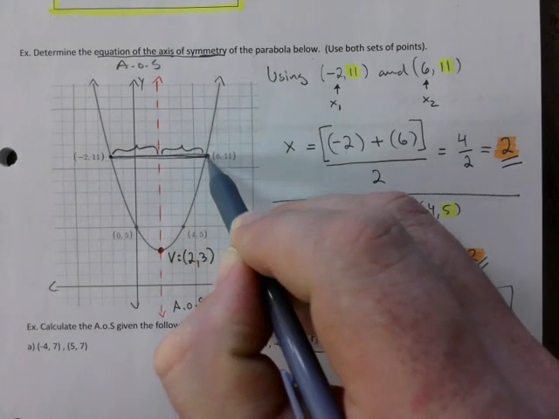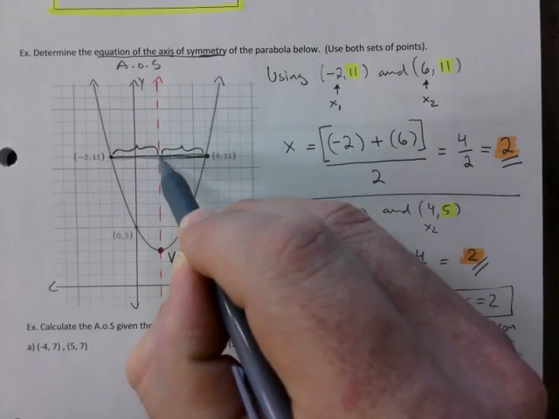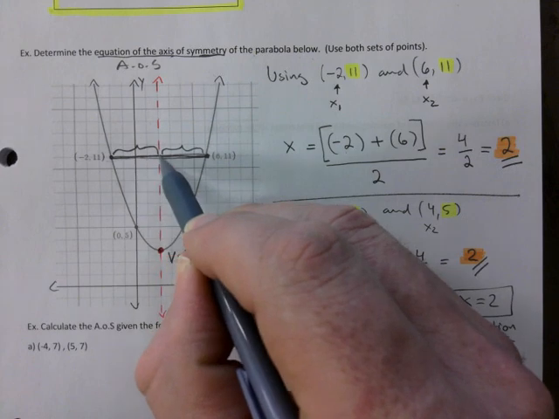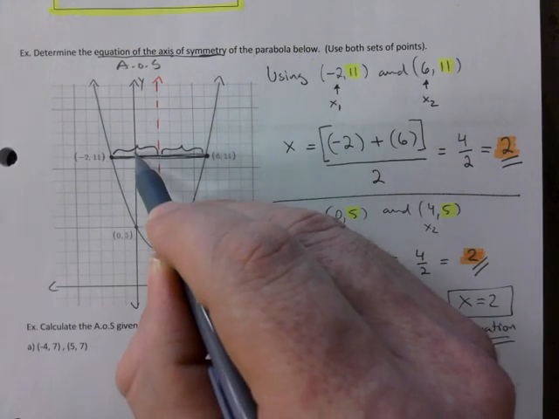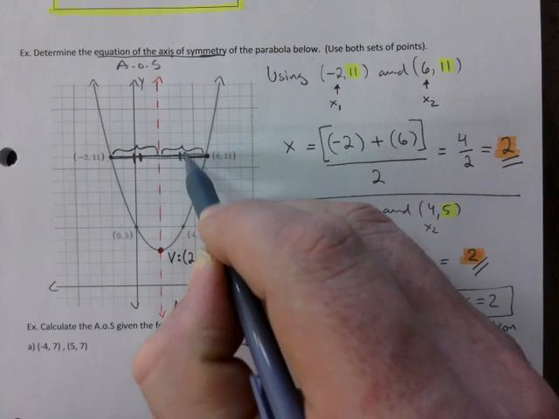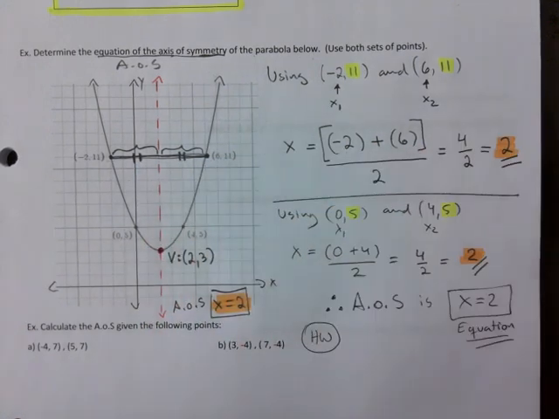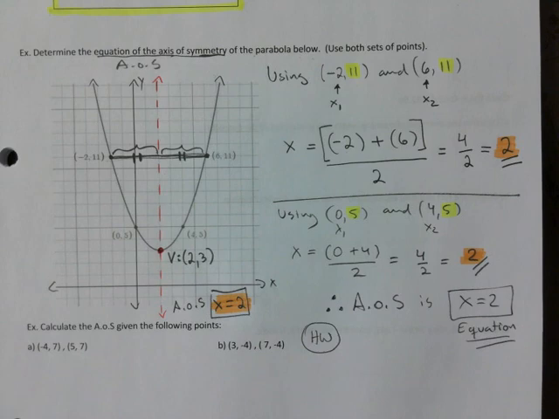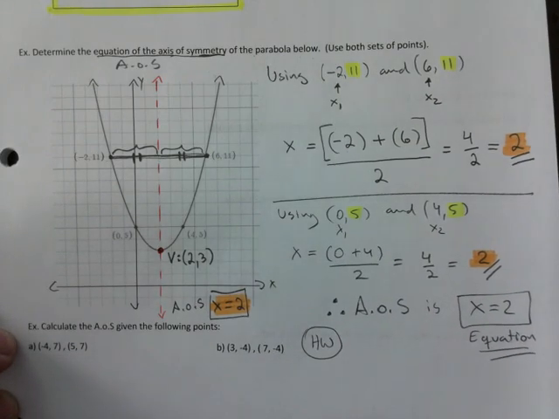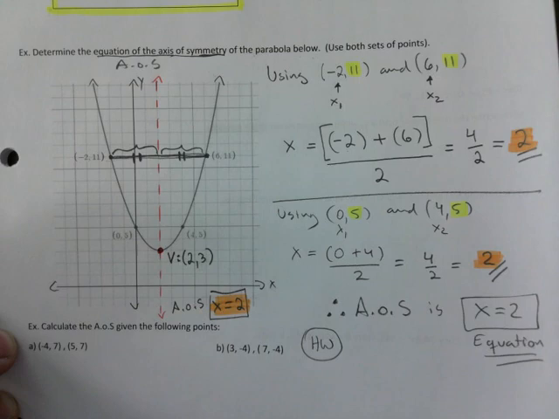So from this leg to the center would be the same thing as going from the other leg to the center, right? So we go 2 lines like this and 2 lines like that, telling you that those 2 segments are the same length. Just to emphasize the point. Okay. All right. One more example.